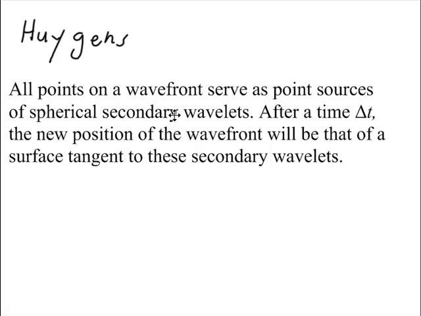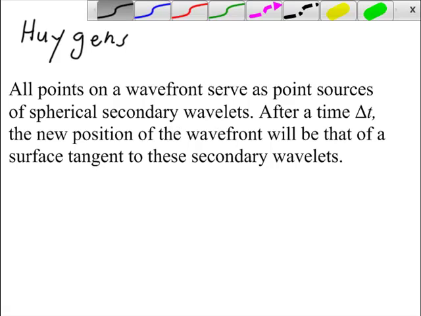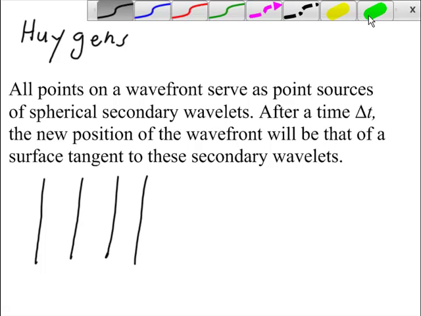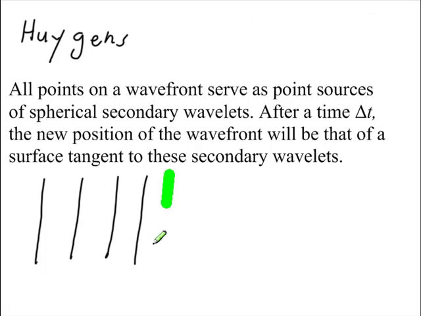In other words, if I've got a bunch of waves here, so this is a wave advancing, any point on any one of these waves could become the source for new spherical waves, known as secondary wavelets. So for example, if I were to take some kind of a big barrier here and block them out, these waves here would cause the space in the center to move up and down.